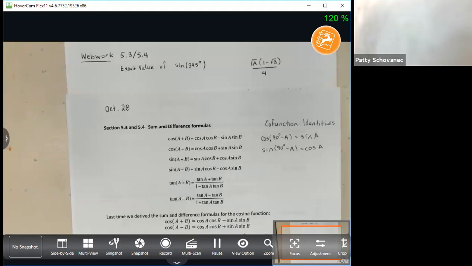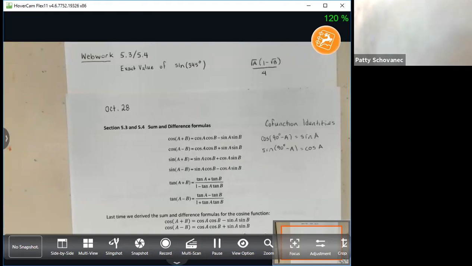And then in quadrant 4, let's see, 360 minus 30 is 330. 360 minus 45 is 315. 360 minus 60 is 300. And then my 2 pi is 360 degrees.